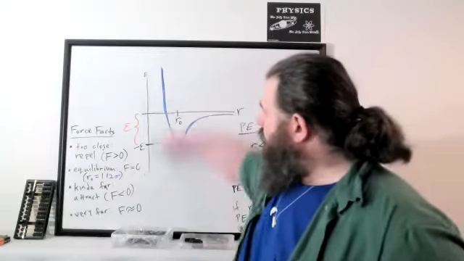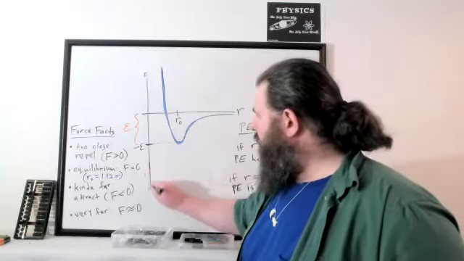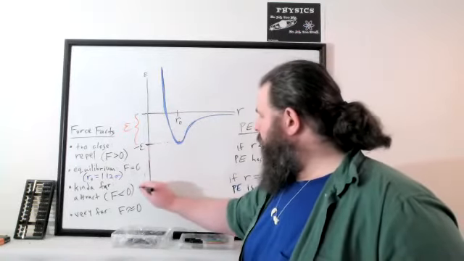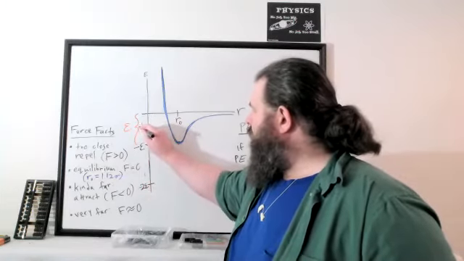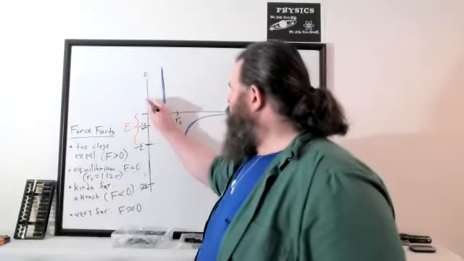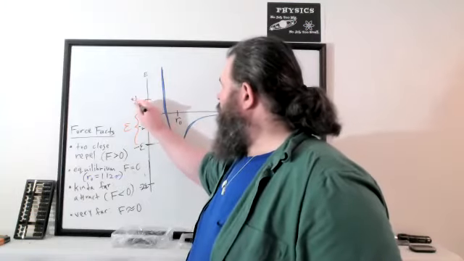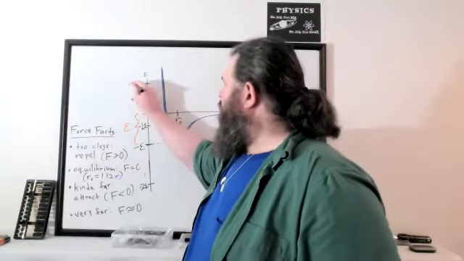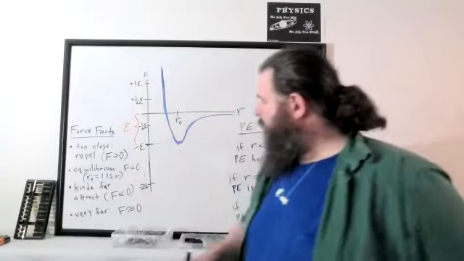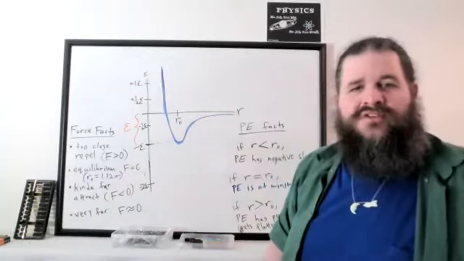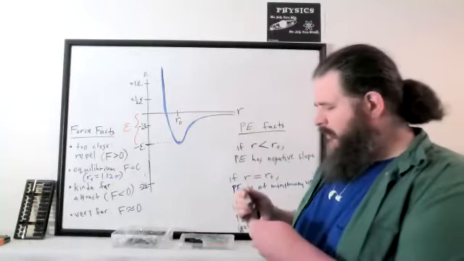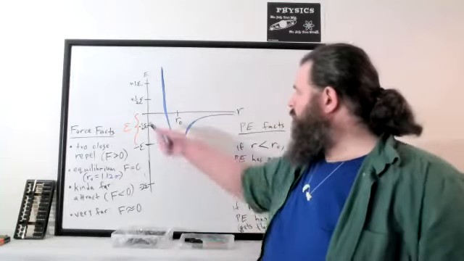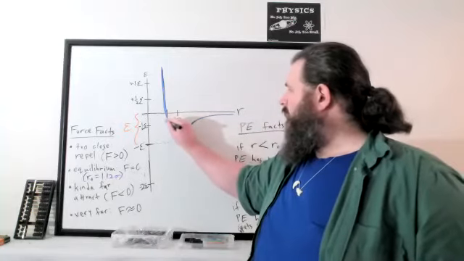So you can mark off this graph in units of epsilon. You're going to have negative epsilon, -2 epsilon, -1/2 epsilon, +1/2 epsilon, +1 epsilon, and so on. So the energy axis of the graph can be marked in units of epsilon, in the same way that the r-axis is marked in units of sigma.